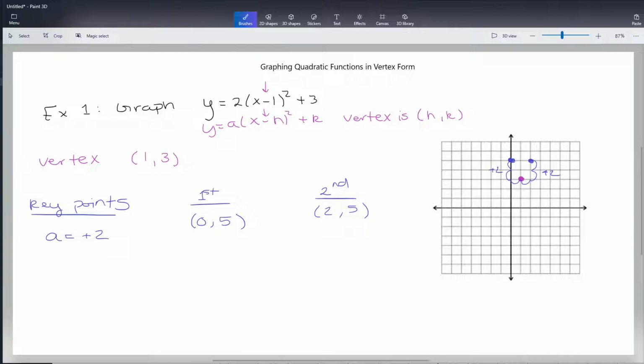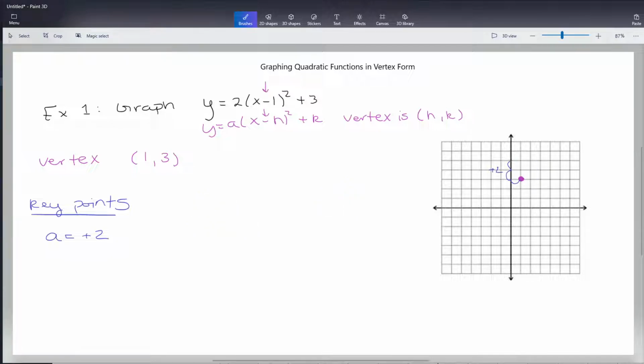Now, I'm going to erase these lines where I actually drew this in so that I can graph this without too much stuff on it.